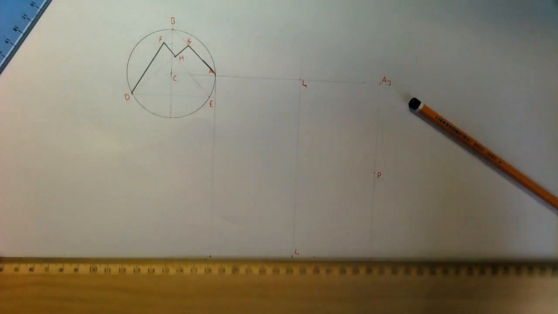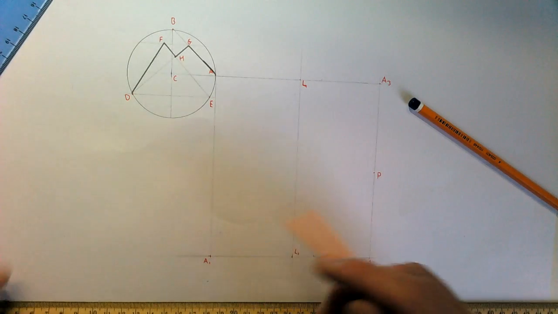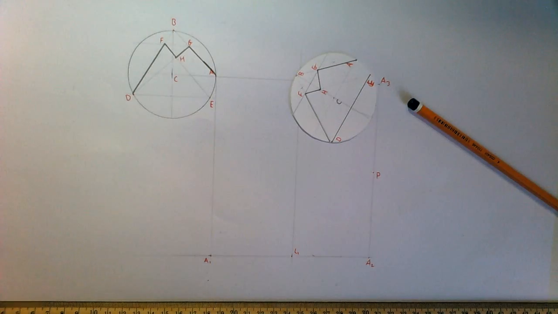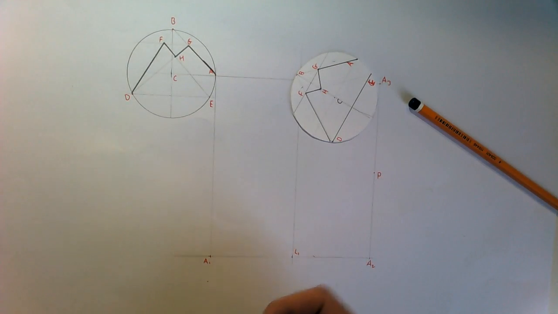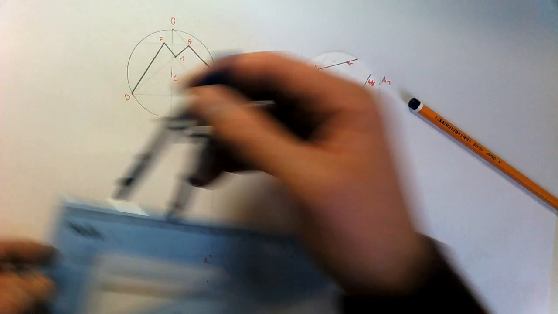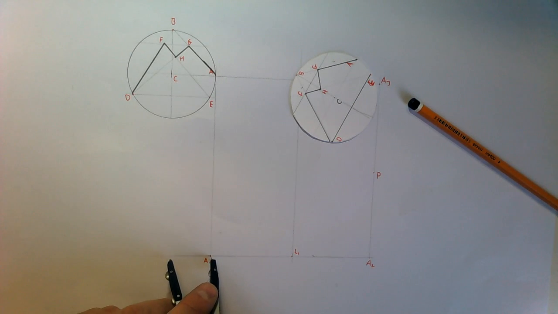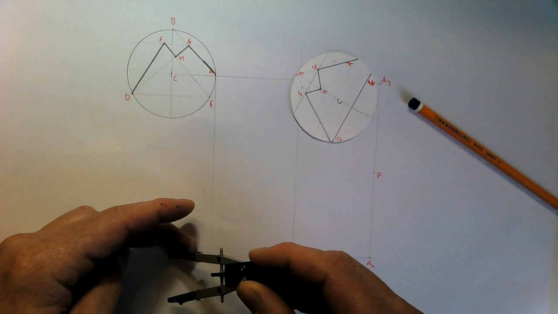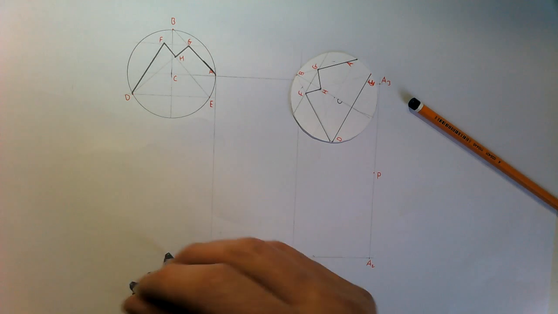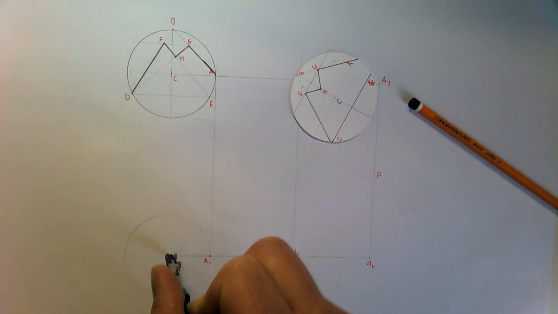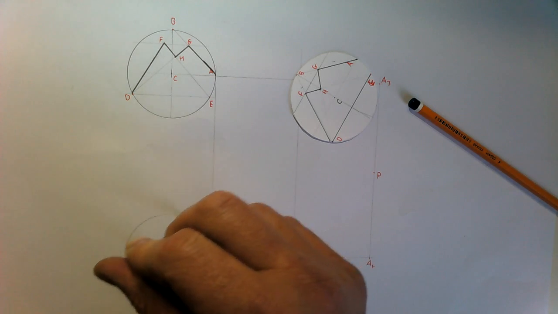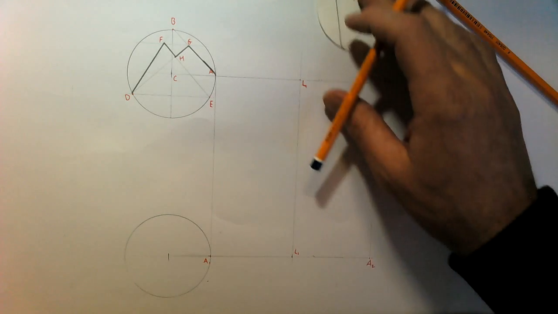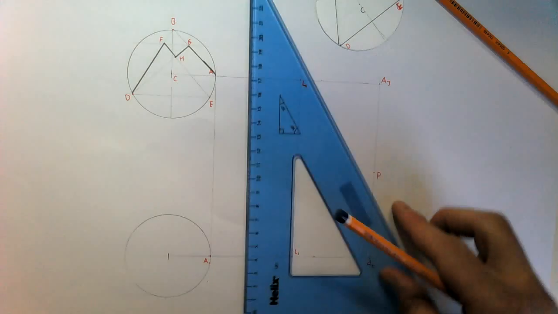We can extend the A2, A1 line, come with the compass set at 30, half A1, and there is our circle.